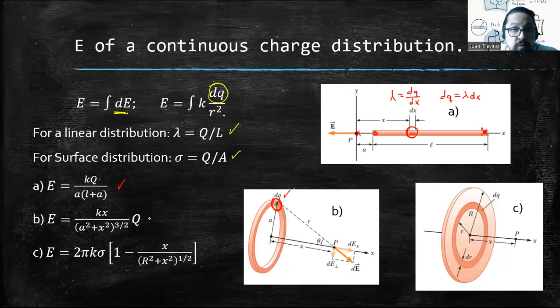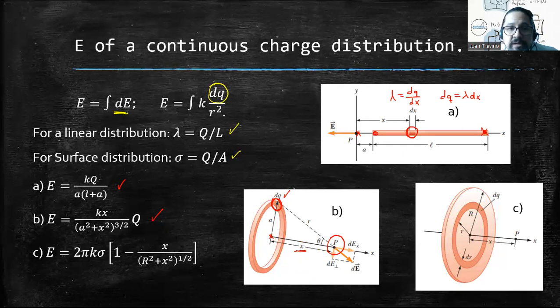Once we do that integral, we obtain this formula where the electric field is calculated at P, distance x is the distance from the center of the ring in the direction of the axis of symmetry of the ring, and A is the radius of the ring.